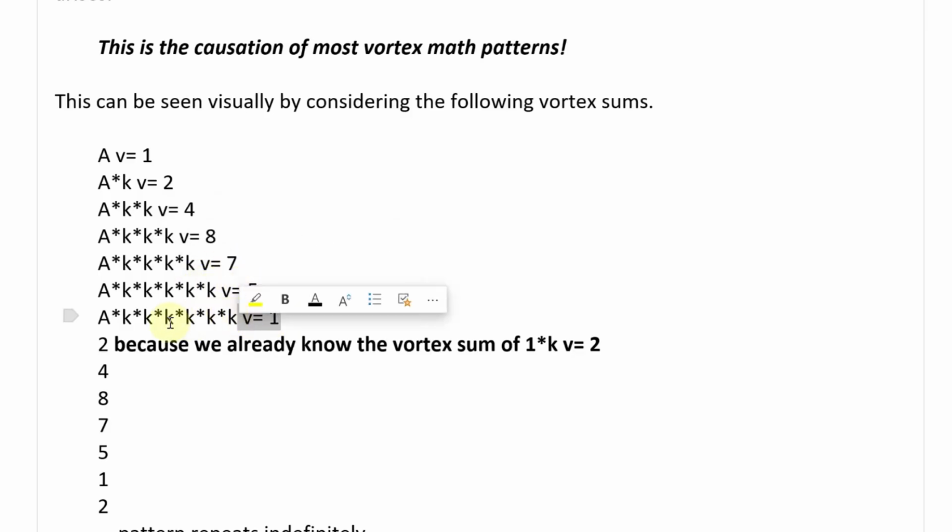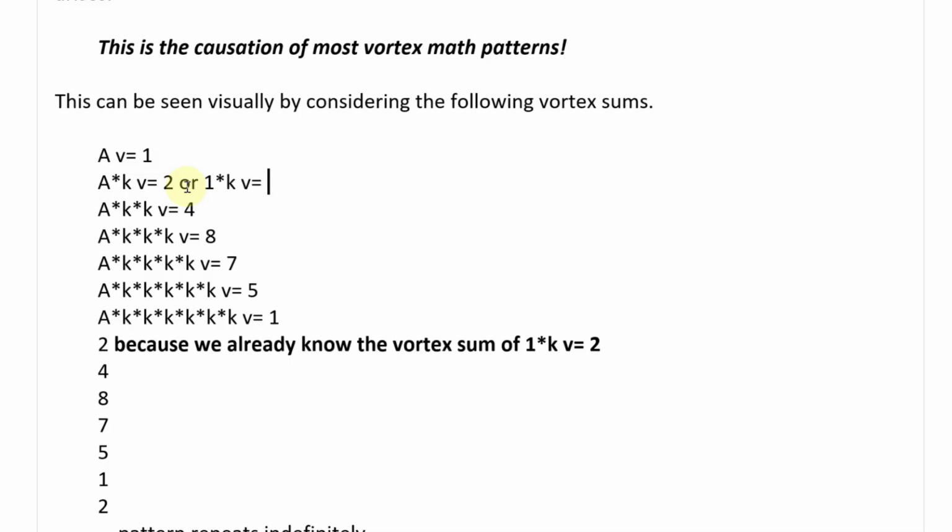And now we don't care anymore about what this actual vortex sum is. We know the next multiple is going to be 2, because we already know that the vortex sum of A times K, V equals 2. Remember, multiplying this by K gets this, but you could have also multiplied this, right, or 1 times K.